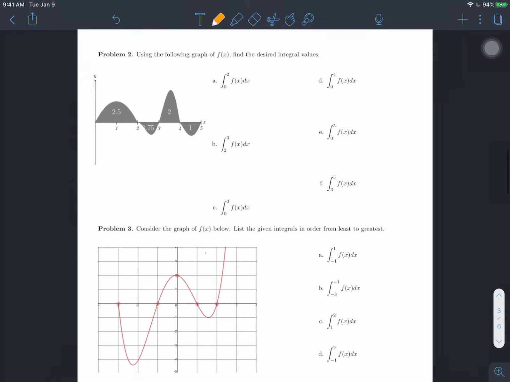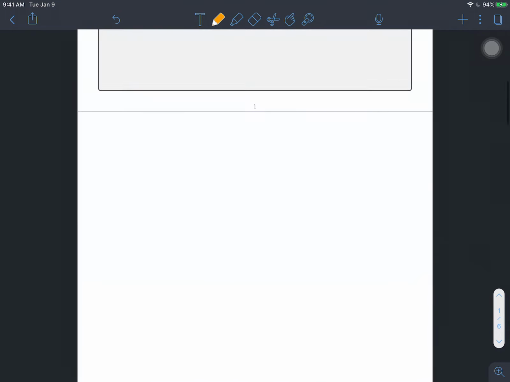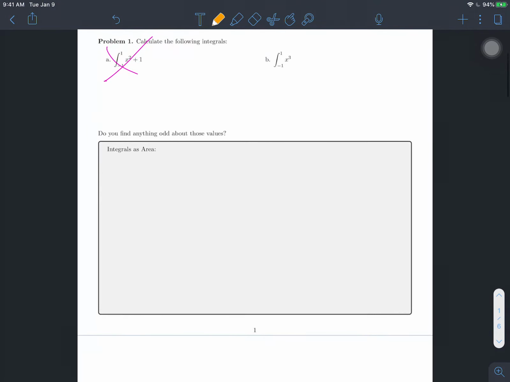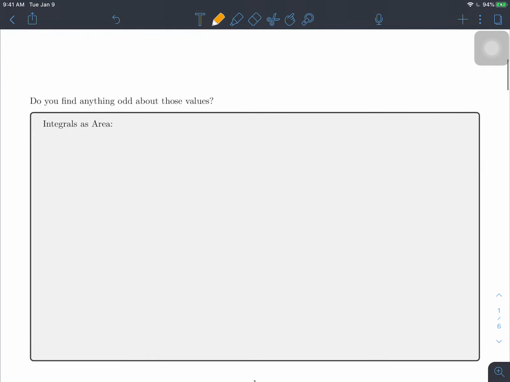Let's see how I want to talk about it. Okay, here's how. So far we've said that the integral from a to b of f of x dx is the area under the curve.